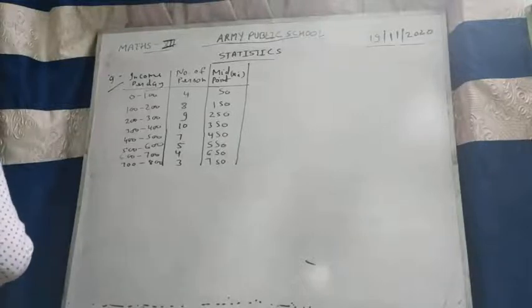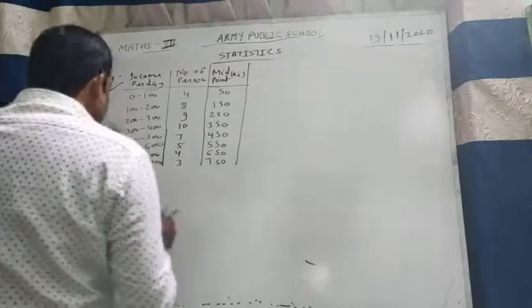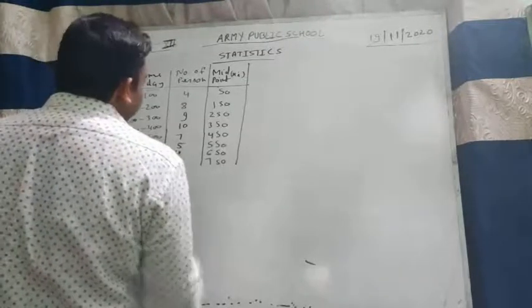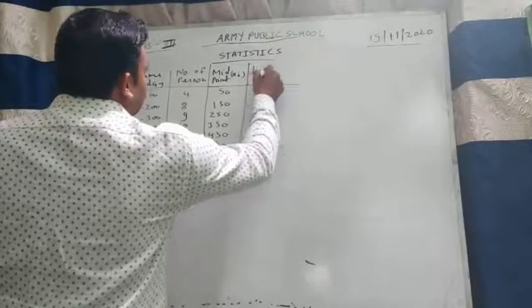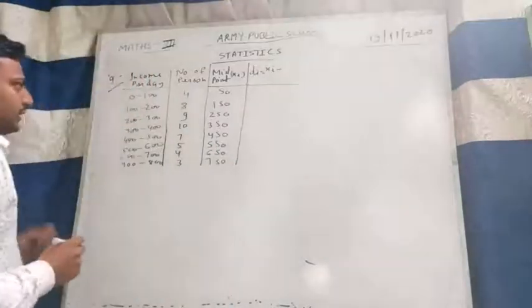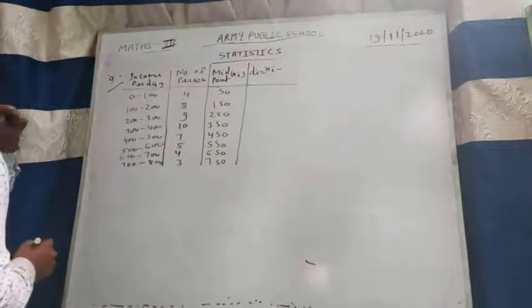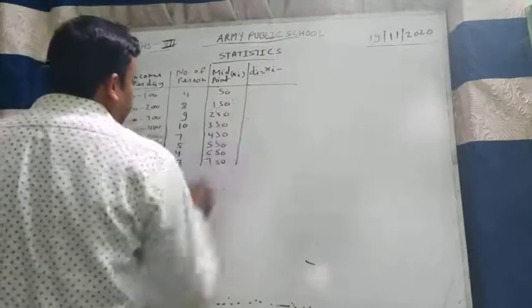Now we will find di. Di is xi minus the assumed mean.